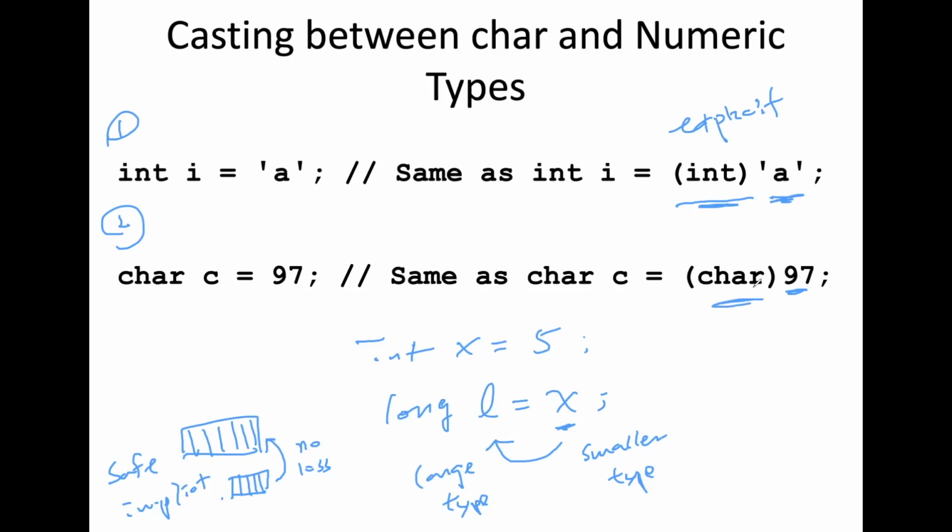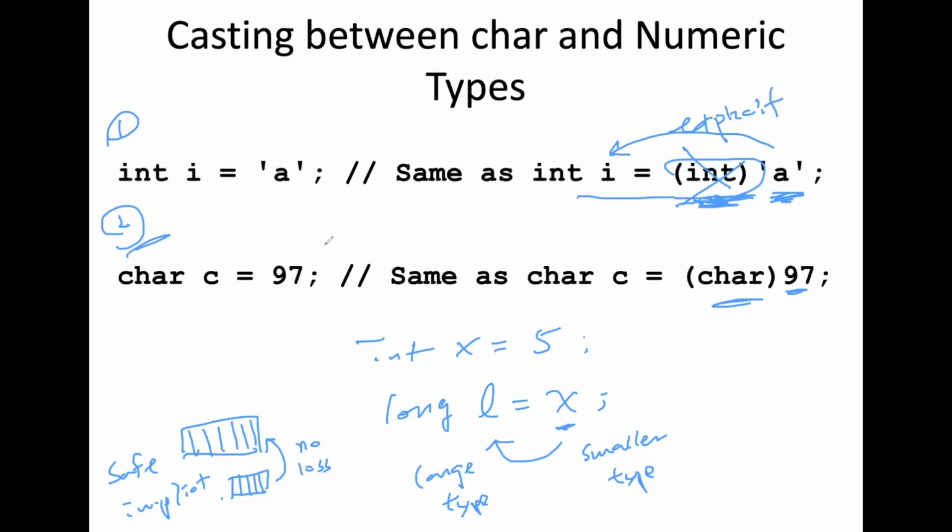This type of casting can lead to data loss, so Java requires explicit confirmation. You perform explicit casting by placing the target type in parentheses. Notice that char is a much smaller data type than the integer. So even if you don't have this explicit casting, the conversion of char into integer would have been done implicitly. So this is a safe operation.